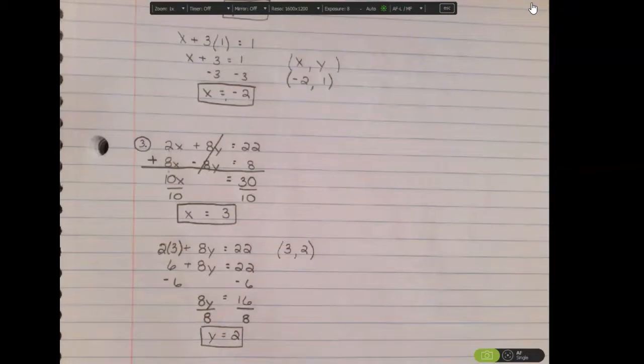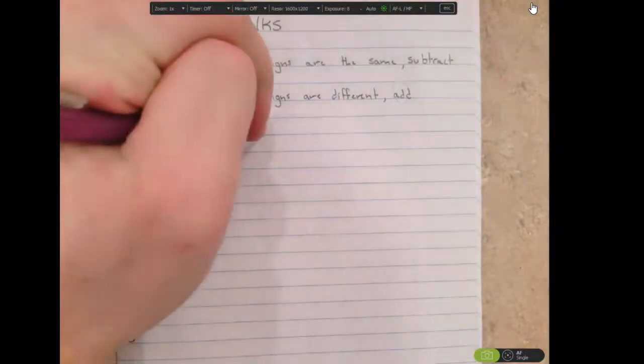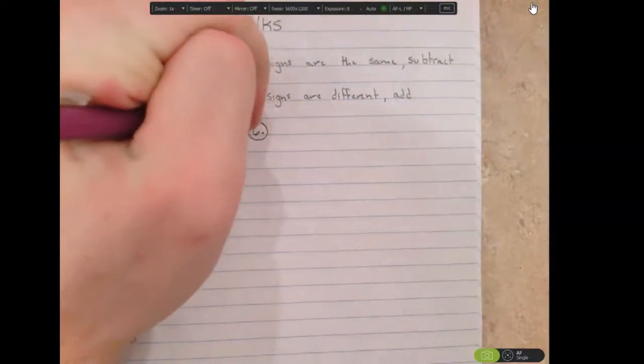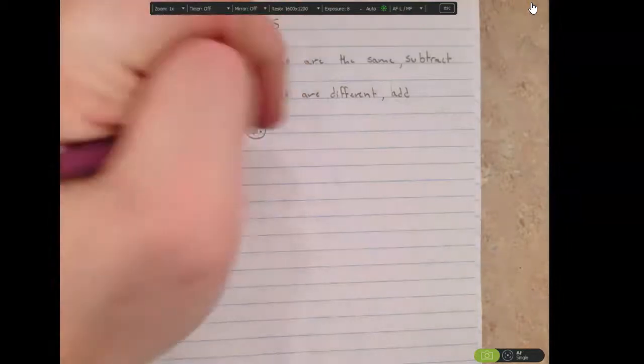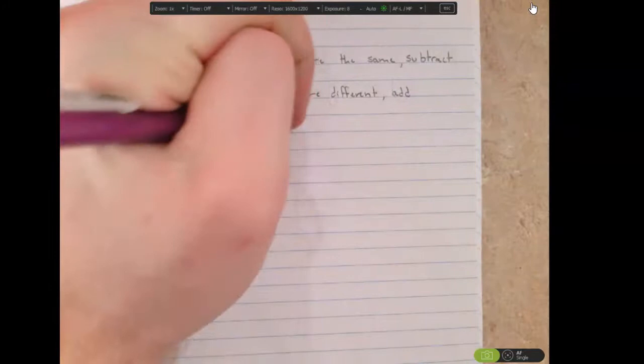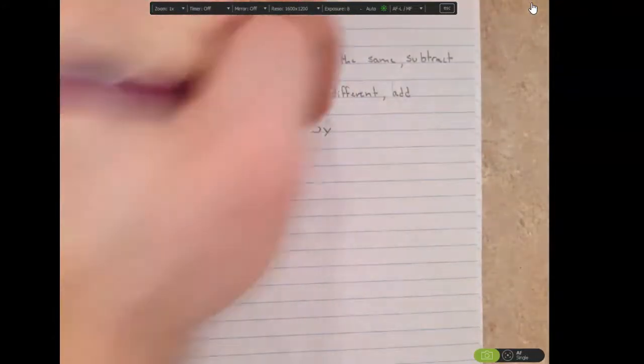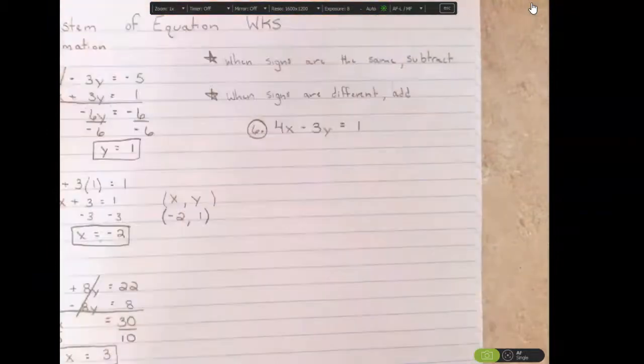Let's move ahead a little bit and let's move on to, I want to look at number 6. I'm going to kind of come off to the side over here. So for number 6, we have the equation 4x minus 3y equals 1.